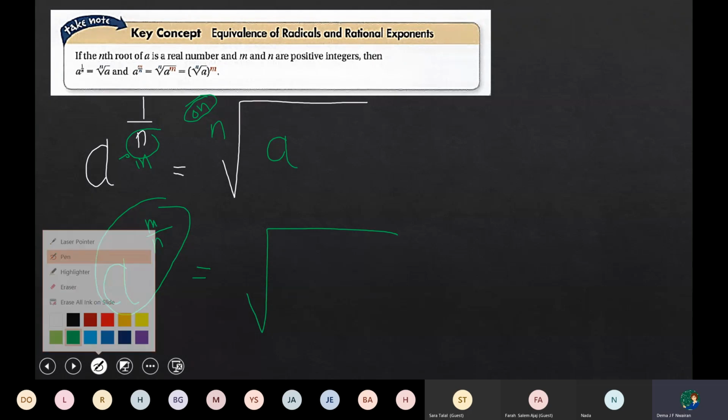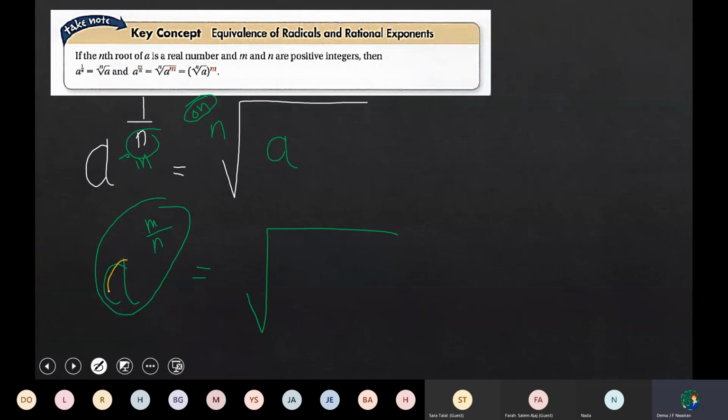Look at me here now. A, just put it under the root. Then the number that's written down, which is n, write it up.